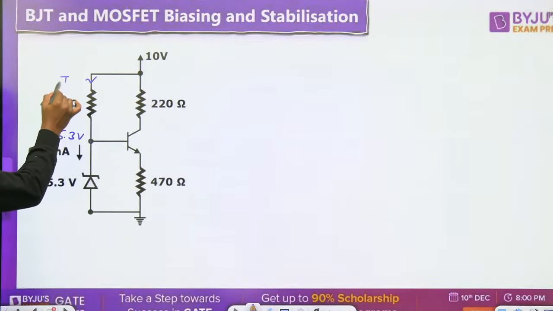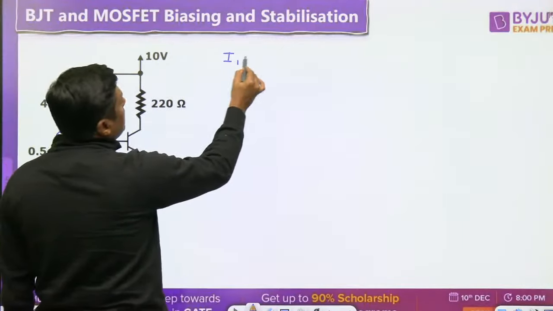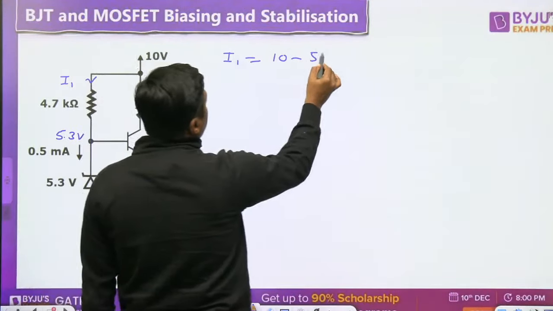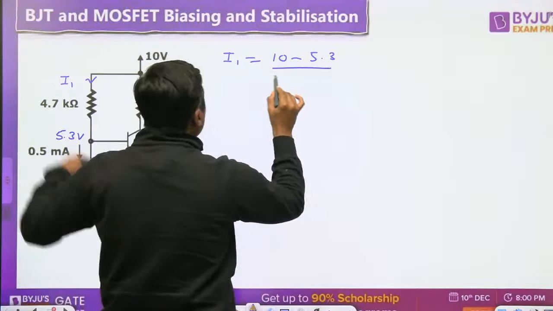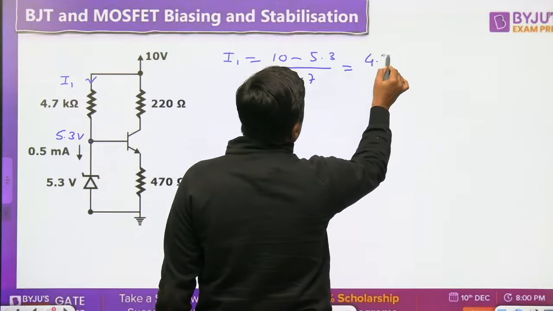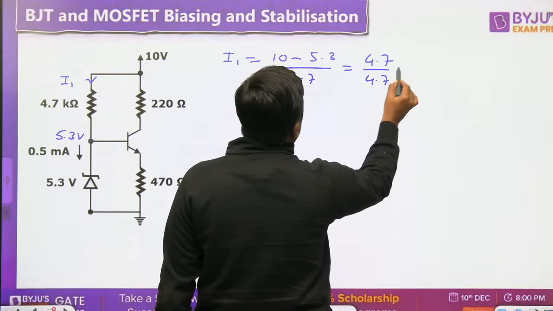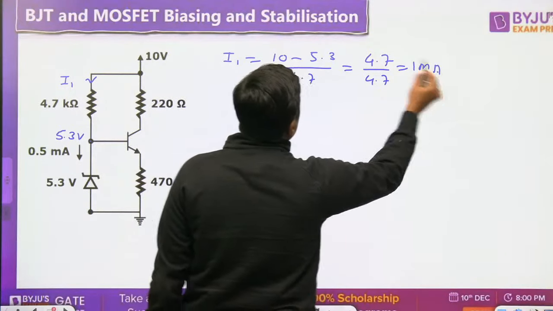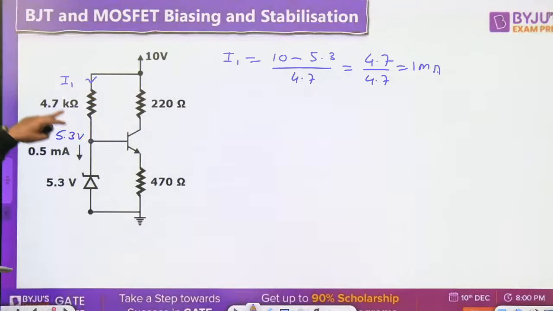So I1 will become 10 minus 5.3 divided by 4.7. So that is 4.7 divided by 4.7, 1 milliampere. Very simple.